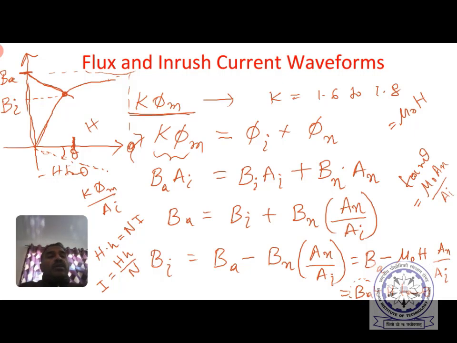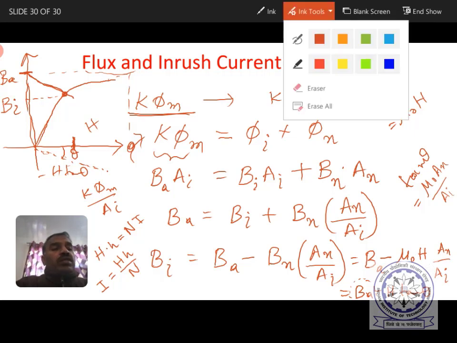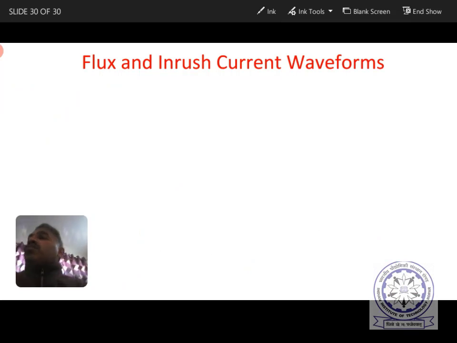And empirically, practically, approximate values can be found. Now approximately, what is the maximum flux inside the transformer?